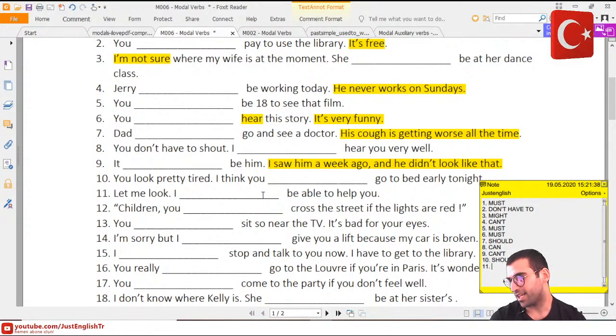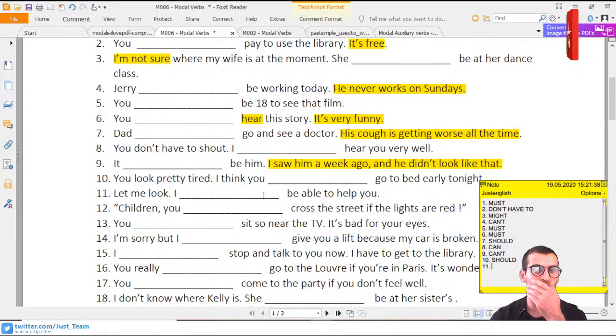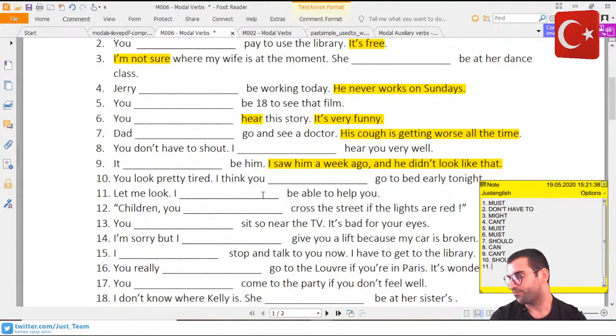Azme says it is guess. I think it is guess, but it's advice. I think you should go. Might. Four answers are related to might, but Azme says may, might. May or might. Yes, might is a correct answer.